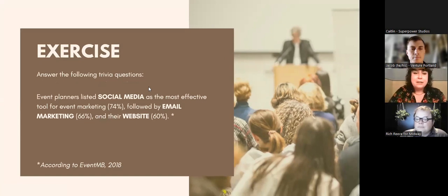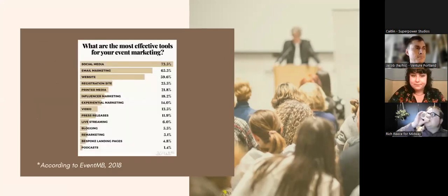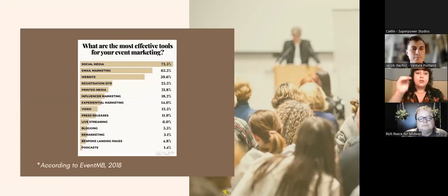And I'm actually going to show you the graph that EventMB published in 2018. Check it out. So this was taken from a pool of event marketers and planners, and you know the first three, but I think that it's interesting too that a registration site can be useful in terms of event promotion. Printed media, influencer marketing, got to get those influencers to come to your event and take promotional content.